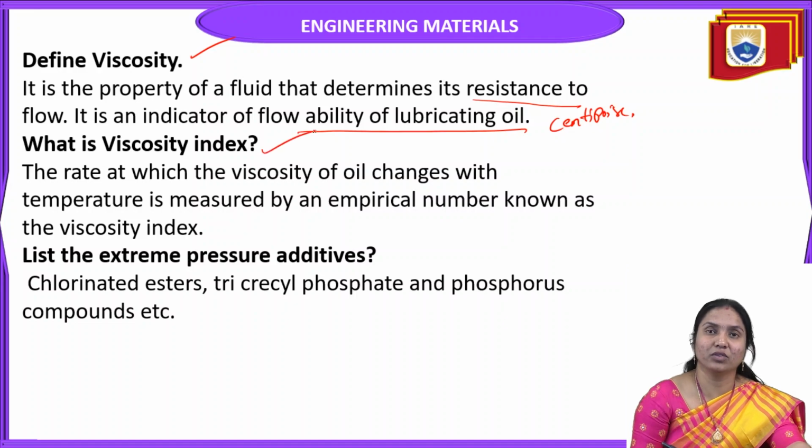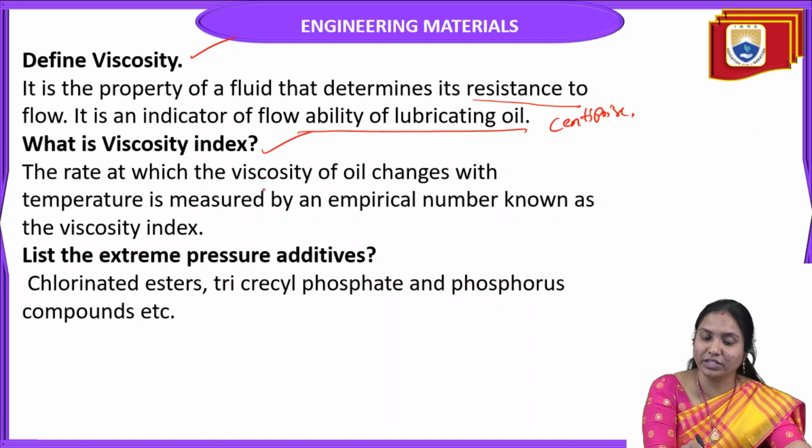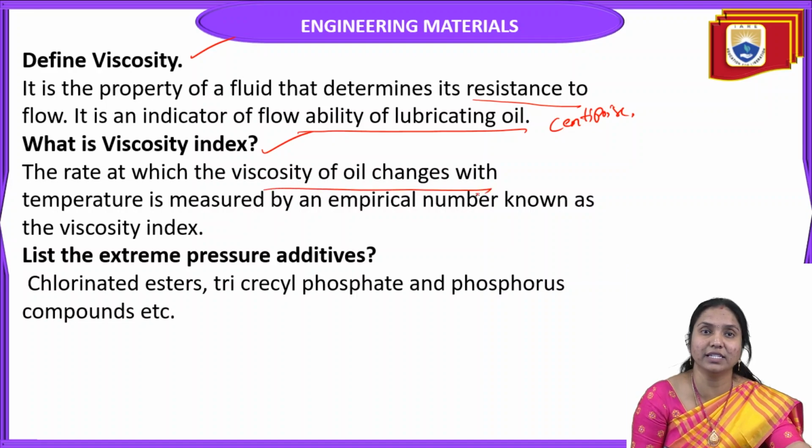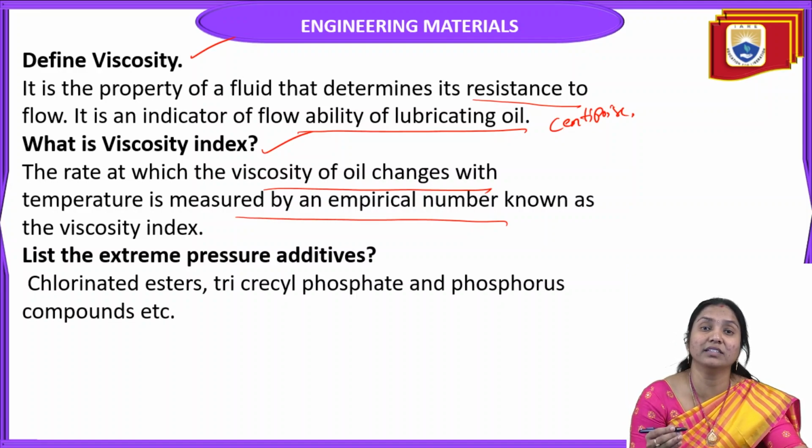And what is viscosity index? The rate at which the viscosity of oil changes with temperature, measured by an empirical number, is known as viscosity index. Simply, viscosity index tells how slightly viscosity changes when temperature increases.